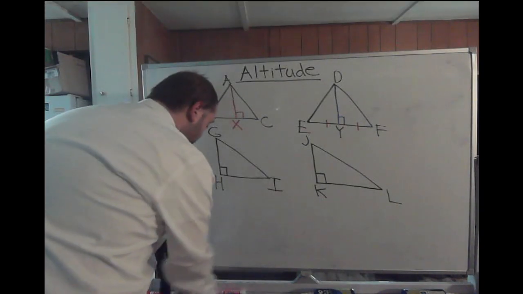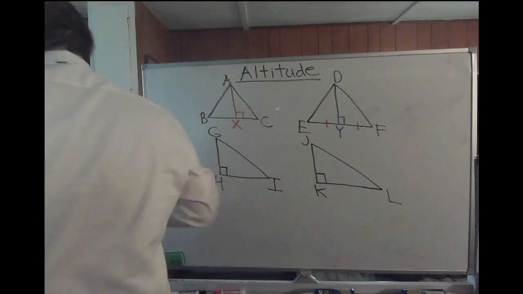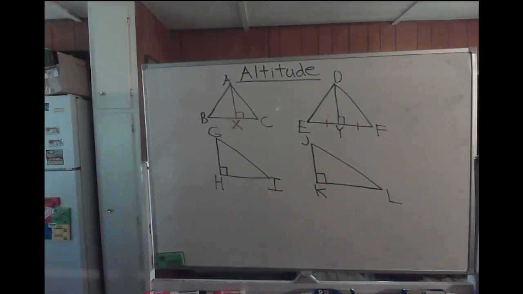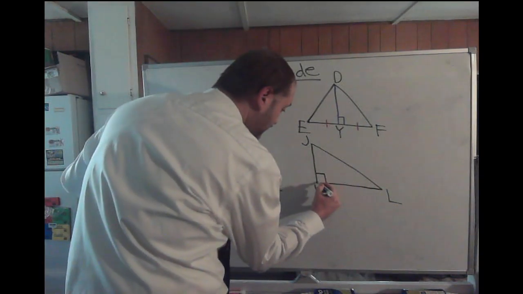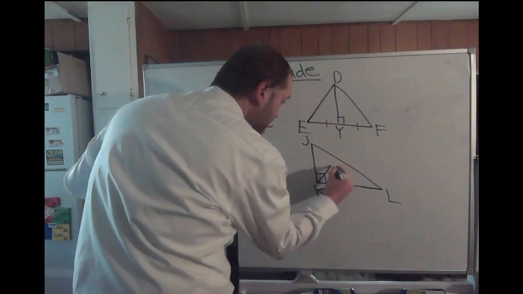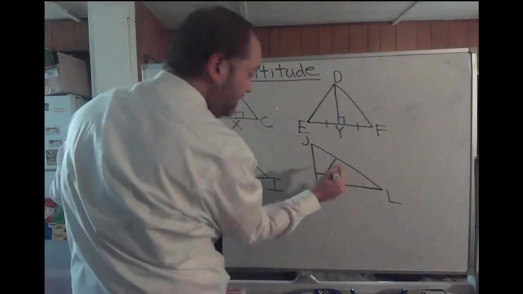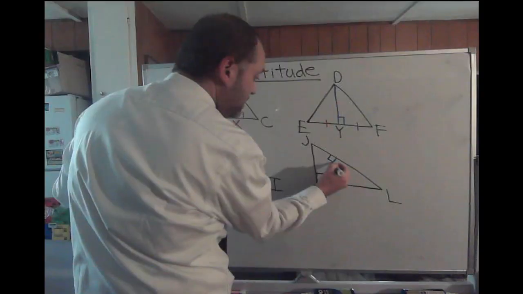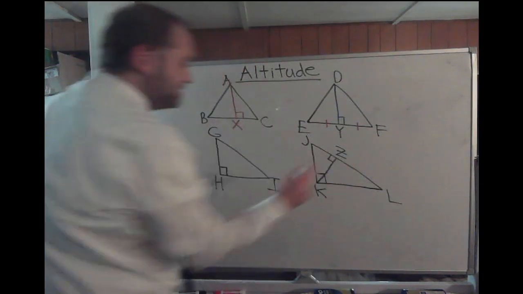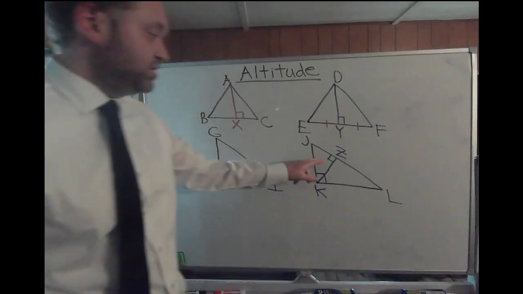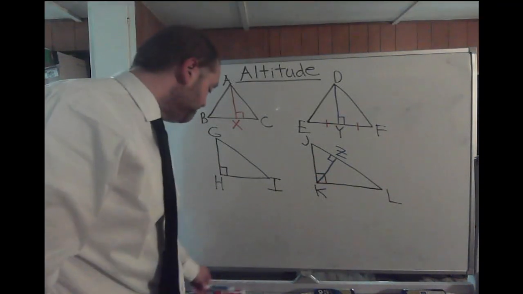You can actually draw an altitude from the right angle to have it touch lines J and L, we'll call this point Z. KZ could be the altitude of triangle JKL.